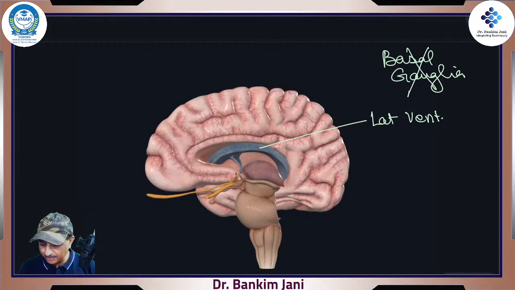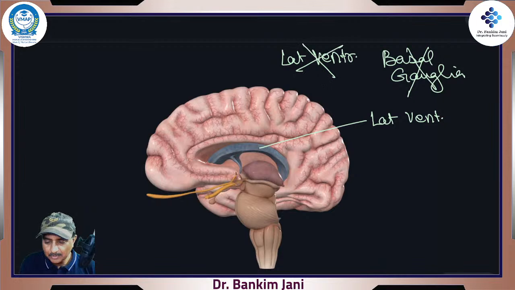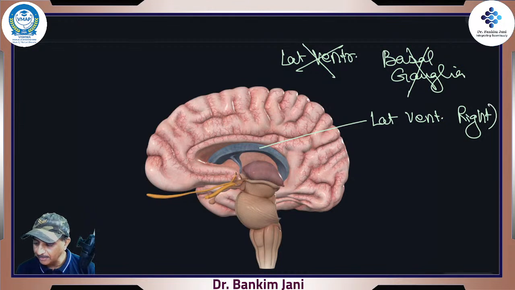So basal ganglia removed, lateral ventricle removed. But I'm labeling it because now we are watching the lateral ventricle of the opposite side. This is the right lateral ventricle. We have removed the left lateral ventricle. Got it?